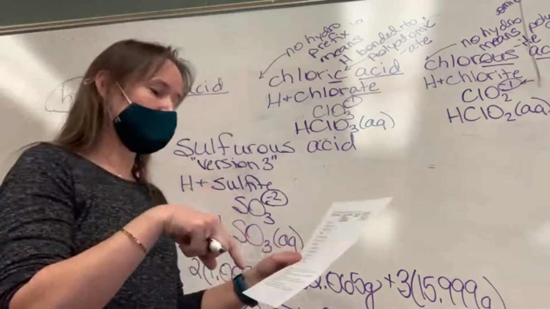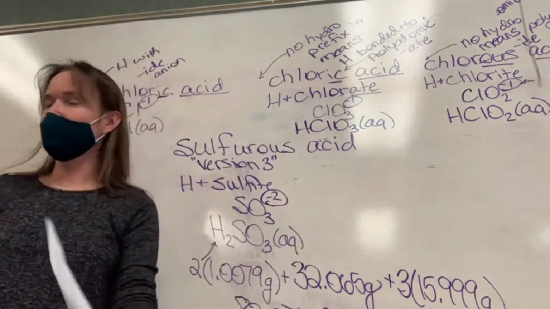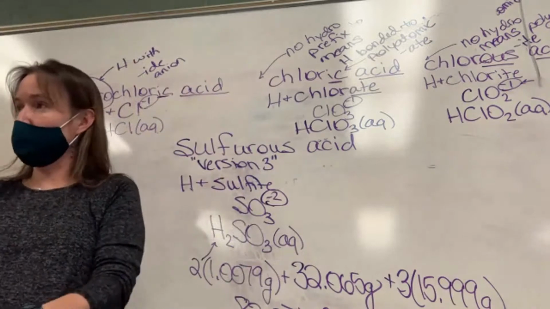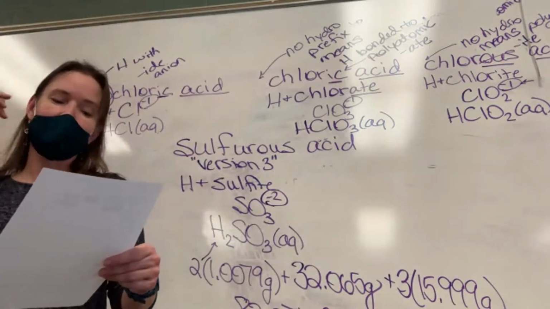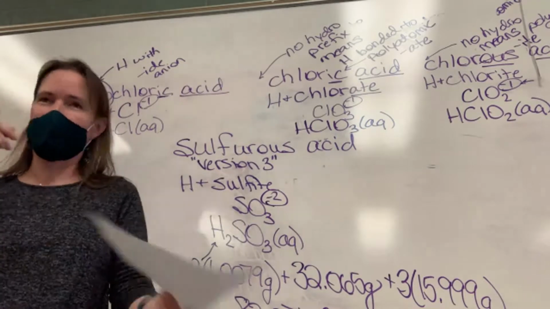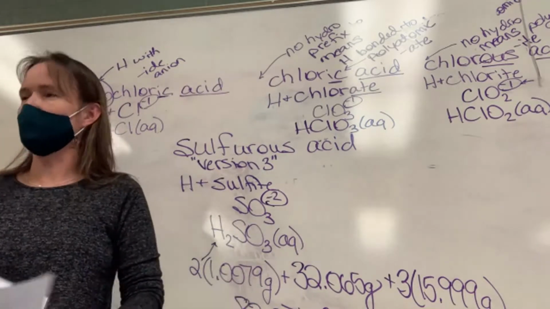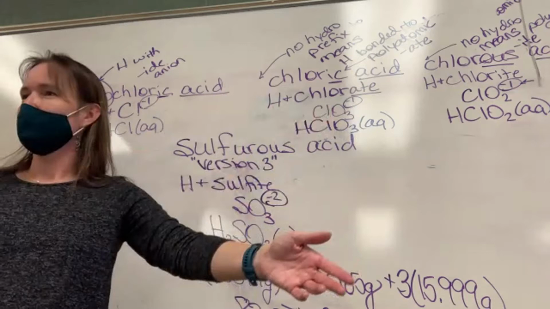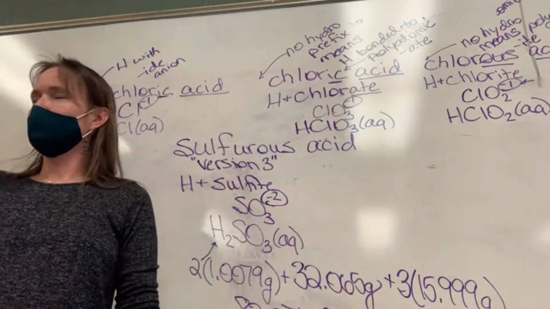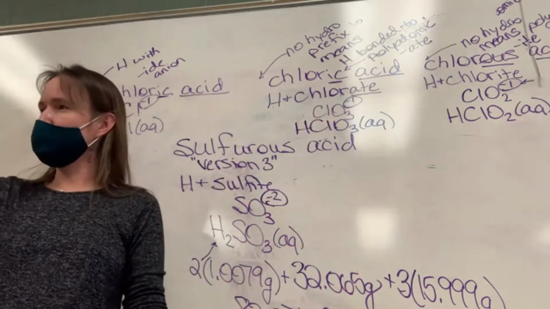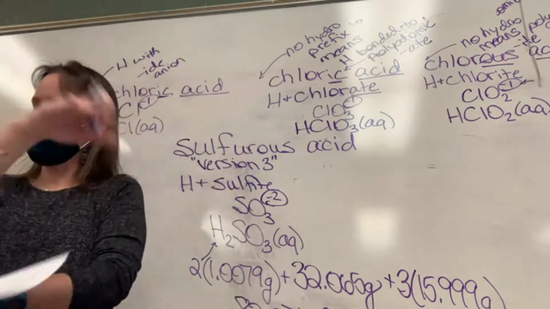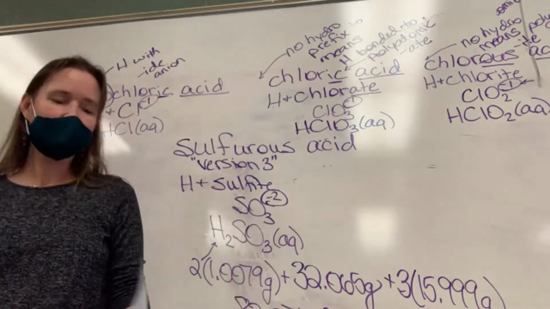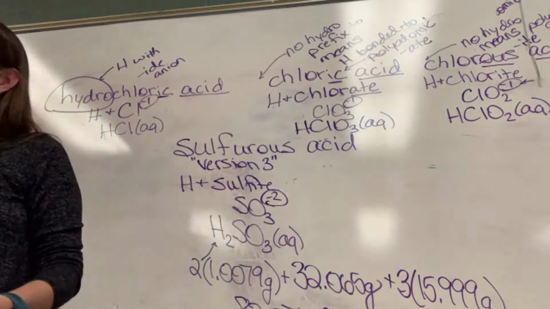Okay. Once you get the formula, if you want to double check the formula, double check it online, but don't just do that. Sometimes if you check it online, you'll get the wrong formula because it'll put it in alphabetical order or something crazy, or it'll distribute the subscript into a polyatomic ion, which we don't do. We put the polyatomic ion and then the subscript on the outside, so it won't make any sense if you try to look it up.